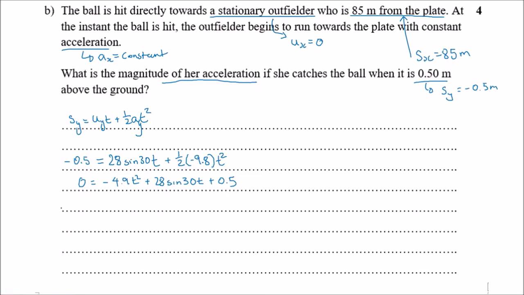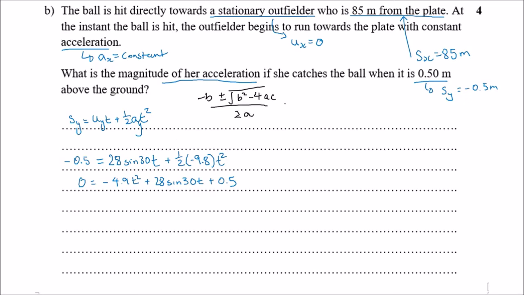If you don't remember how to do quadratics, this would be definitely a good time to revise it. So the general formula is minus b plus minus the square root of b squared minus 4ac, over 2a.